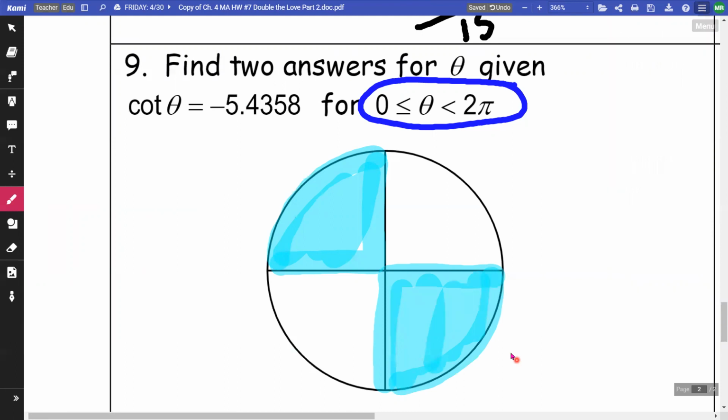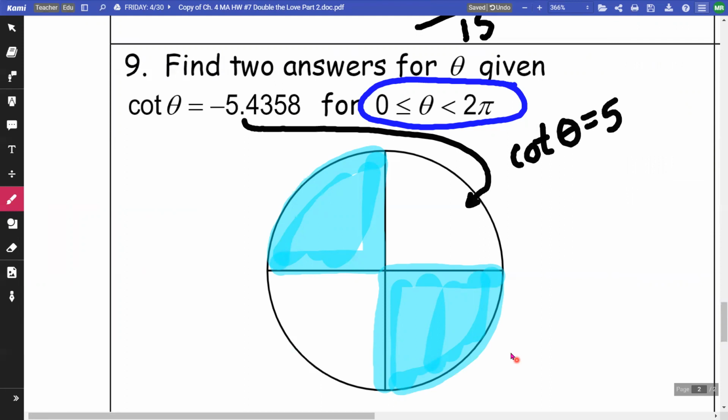I really am going to try to figure out where it is in quadrant 1 to get a reference angle. So I really want to know, the cotangent of what is equal to a positive 5.4358. I want positive so I can figure out my reference angle.